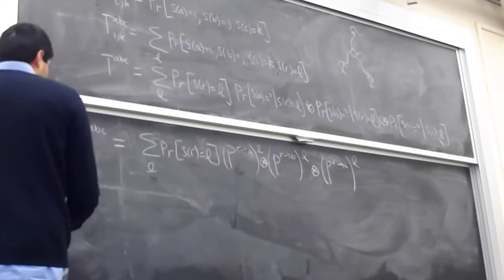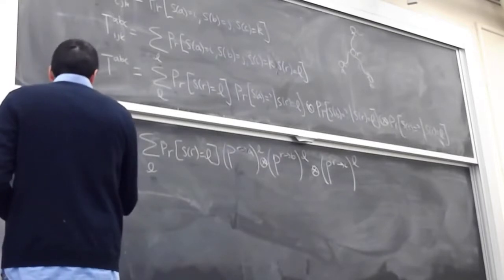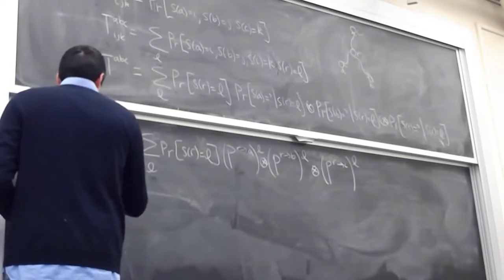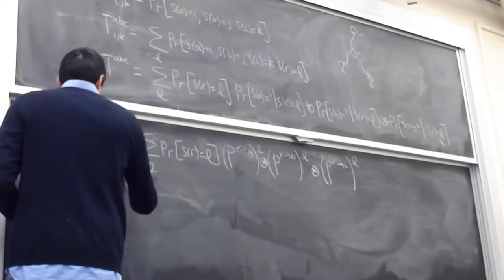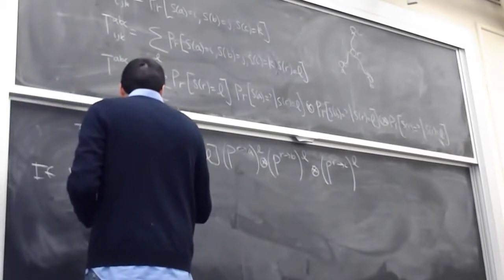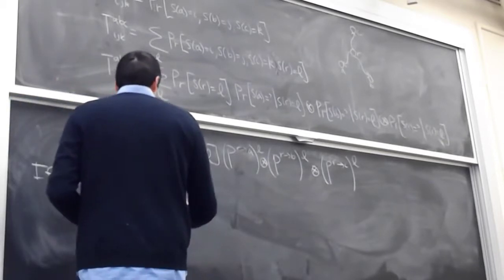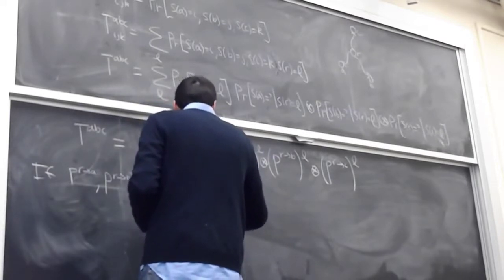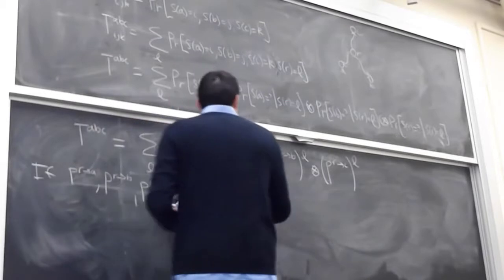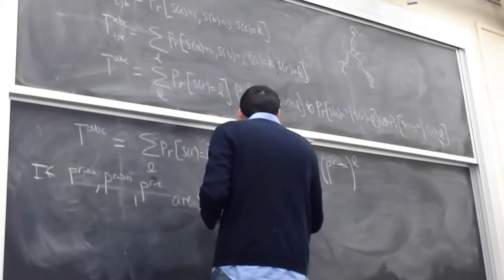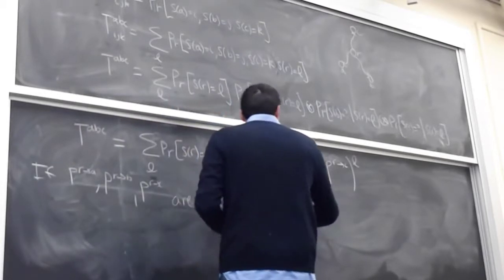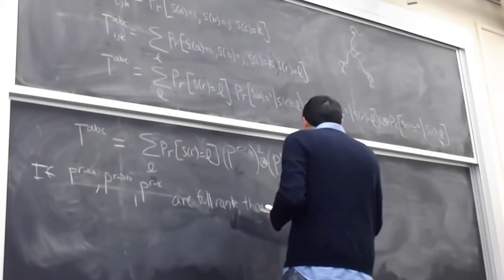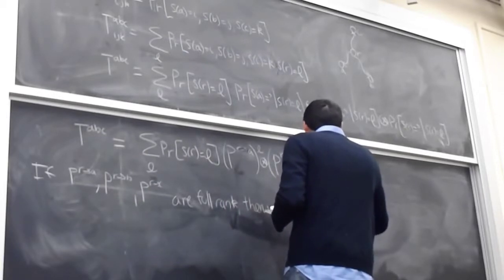So we have that if PRA, PRB, PRC are full rank, then we can apply Jennrich's algorithm.